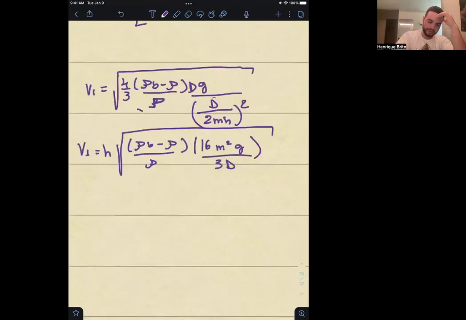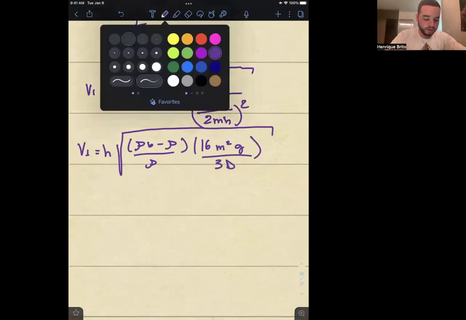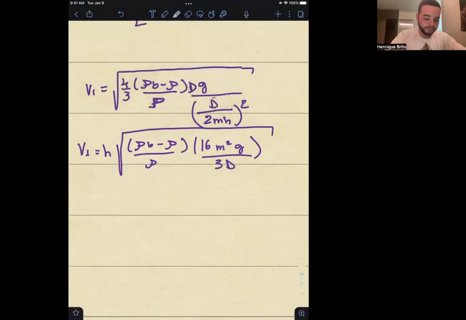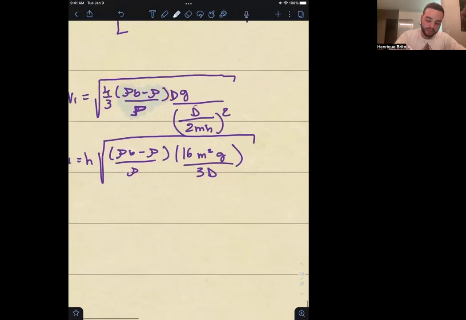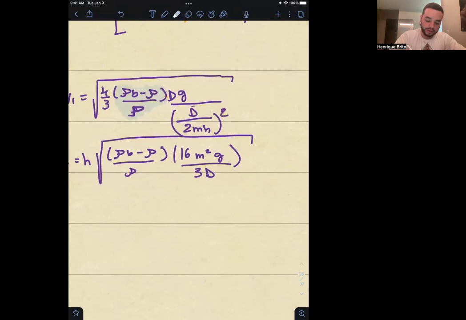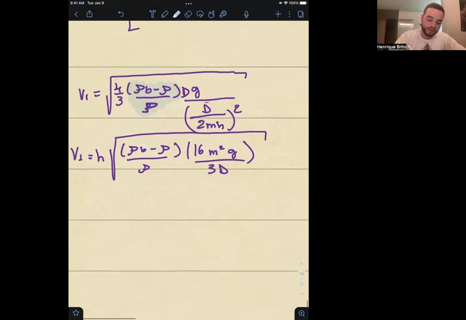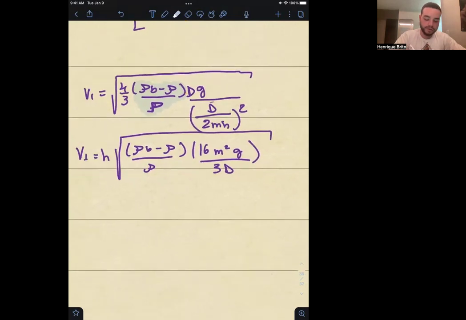So we still have this. Hold up, let me change colors. Let me just show what I was just thinking about. So this is the same, okay? This is all squared, so this 2 eventually becomes 4, and we pass it up since it's dividing the denominator.